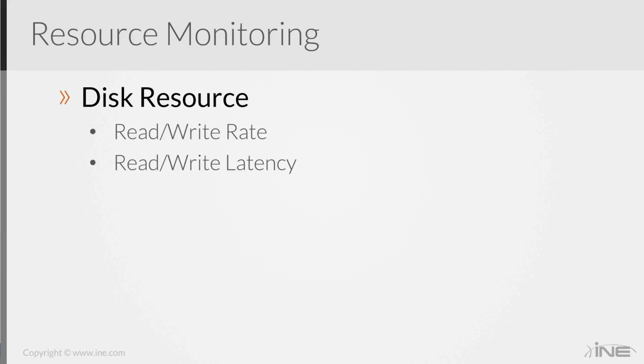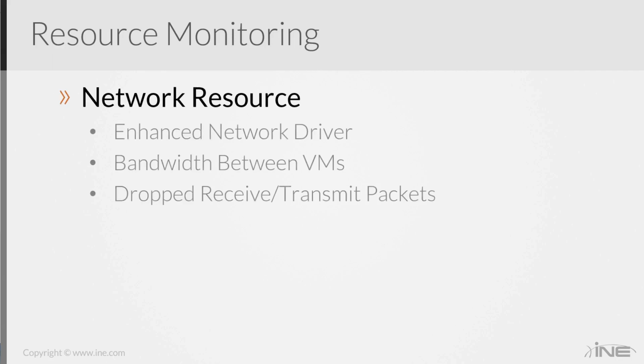So let's move on here to our network resource. Similarly to the other performance issues, network performance issues are typically caused by link saturation between a client and server system.